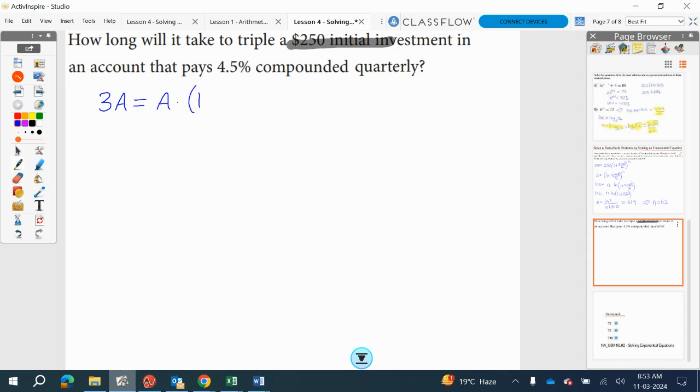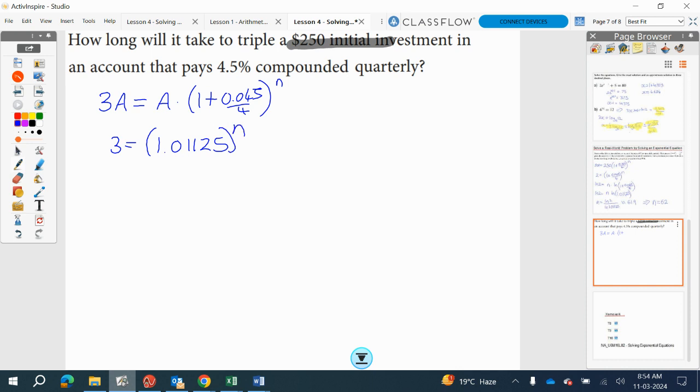You've got 1 plus 0.045 over 4. If we wanted to do it in quarters, we'll just raise it to the n, like this. Divide both sides by the initial amount. 3 is equal to 1.01125 to the n.